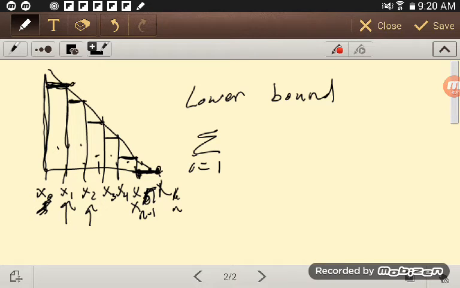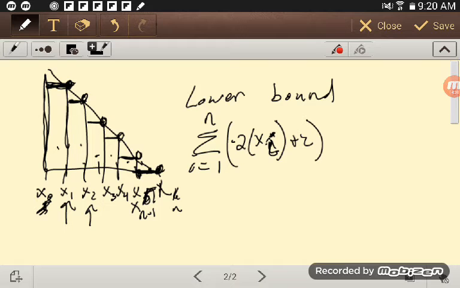So I'm going to do this one at x1, x2, x3, x4, x5, x6, or in other words xn. And I'm going to evaluate minus 2 times, not xn, xi, plus 2. And then, since this went from 0 to 1, the width of each of these is 1 over n, because there's 1 interval, 2 intervals, 3 intervals. It ends here at n.